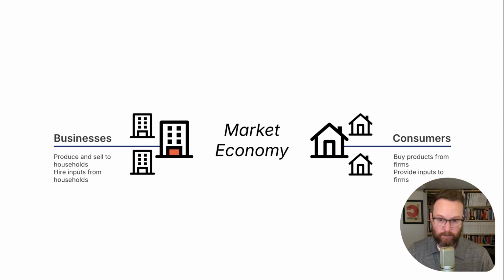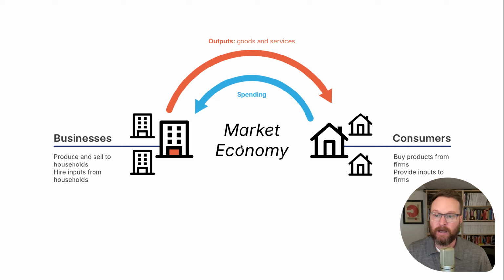Now, this may be way more than you bargained for, but I think it's important to cover the basics here to show how this has an impact on you. On the left, we have businesses that produce goods and services to sell to households or consumers. On the top, you have businesses creating outputs, goods and services, to the consumers who then pay for those goods and services back into the business.